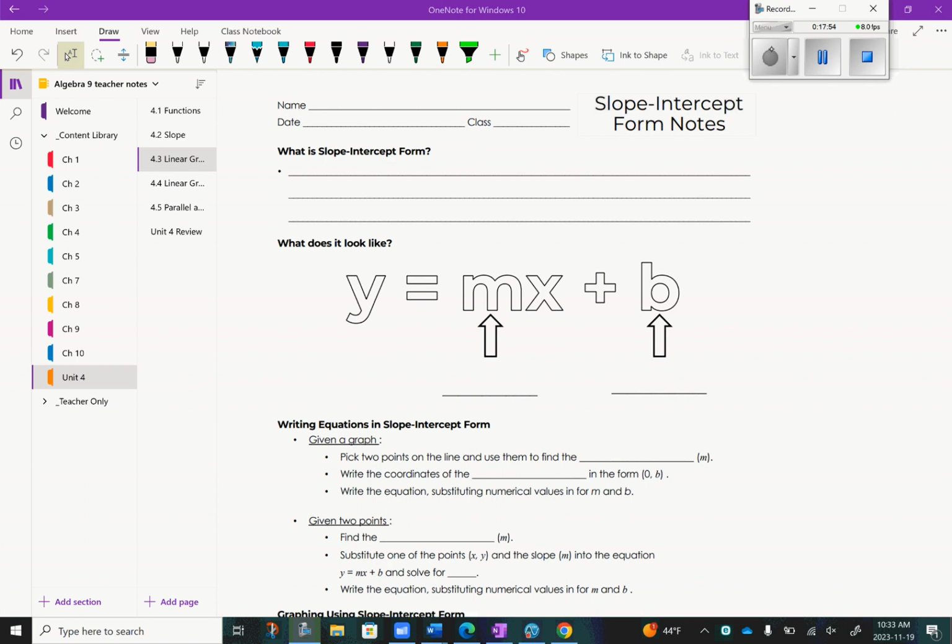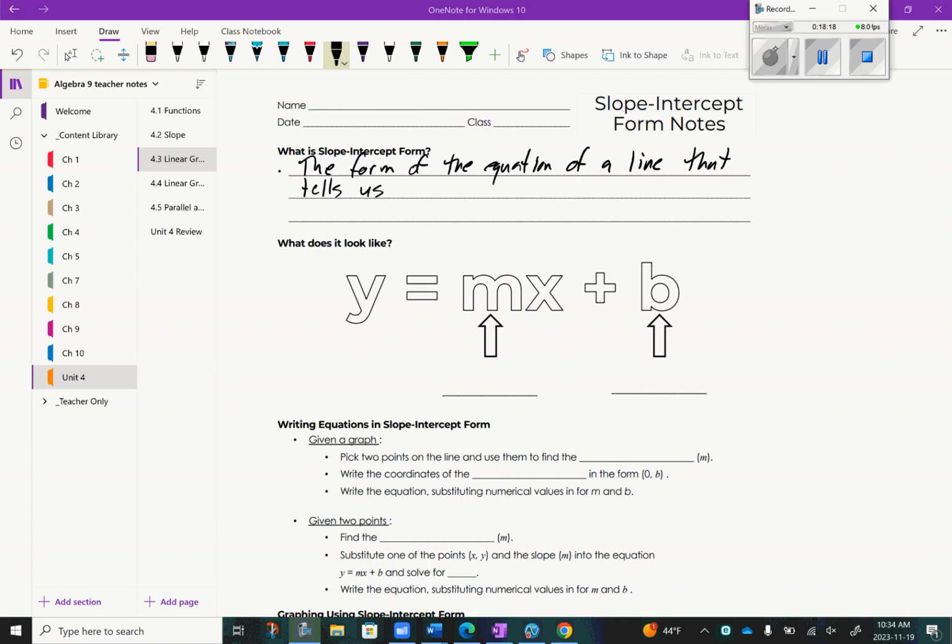Now we need to talk about slope-intercept form. The slope-intercept form is the way of writing the equation of a line that gives us some information that's going to be more helpful than constantly having to make a chart of values and just plotting those individual points.